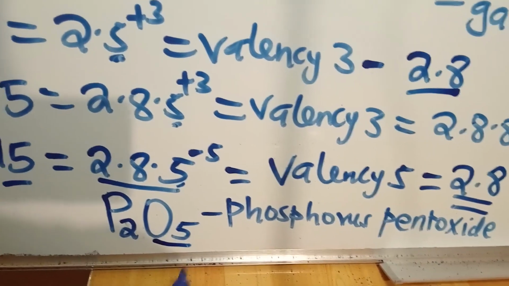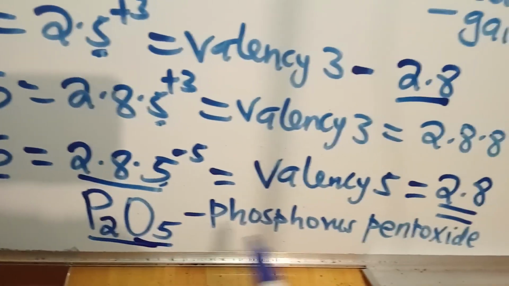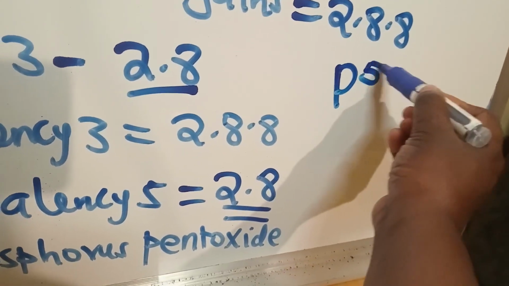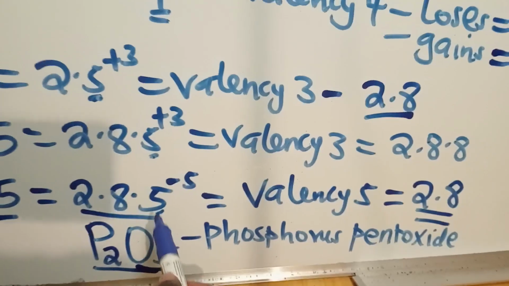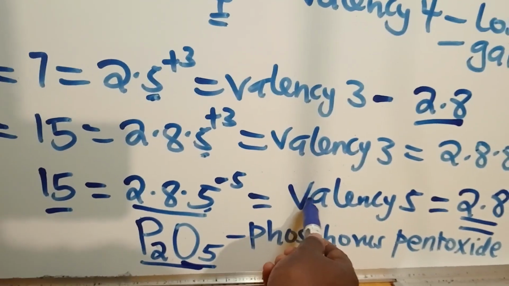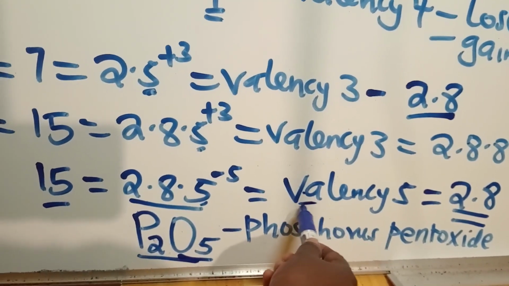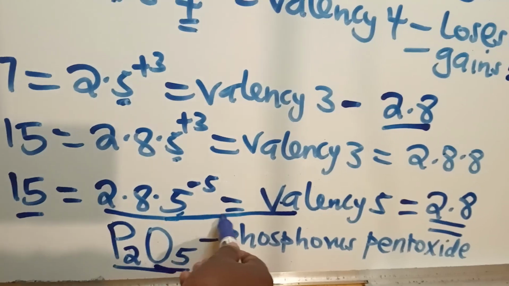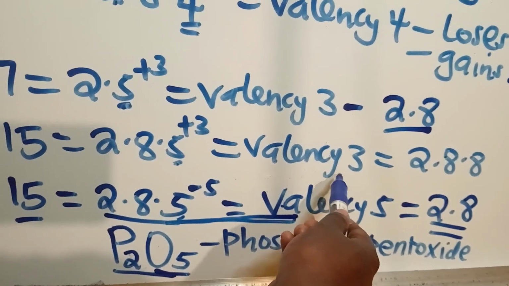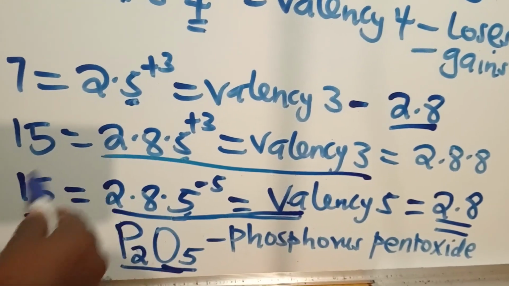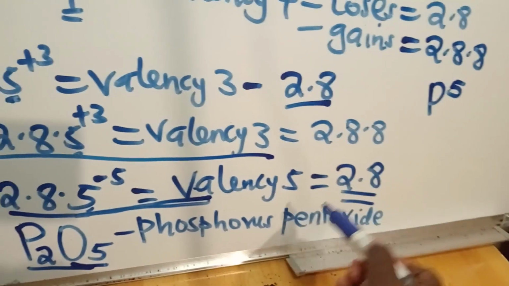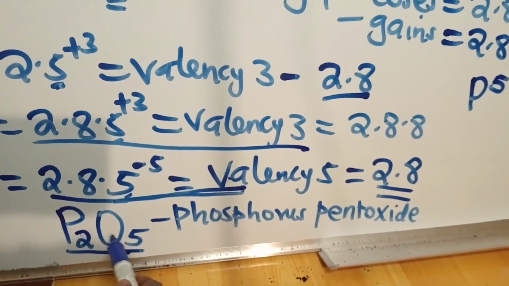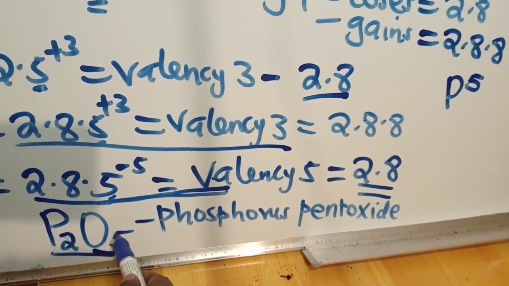Before the formula was made, we had phosphorus with a valency of 5, so it means it is this phosphorus that we have put in this as the second one, and I have just said that this is the type of phosphorus that is unstable, meaning the stable phosphorus is this one with a valency of 3. So this one with a valency of 5 is the one that is used to form this phosphorus pentaoxide.